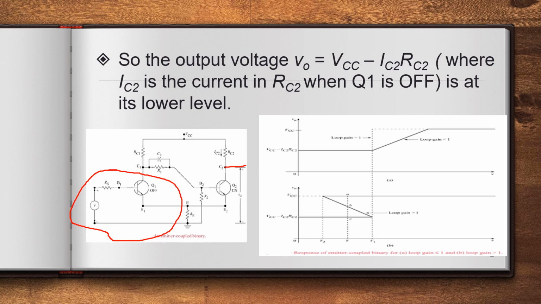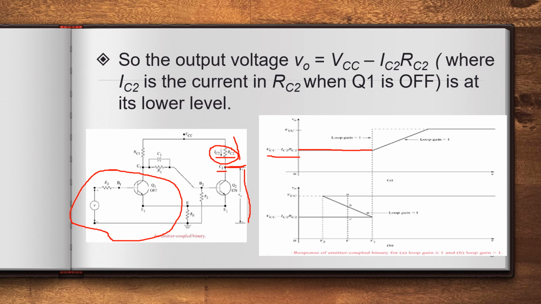Now if we apply KVL in the output loop, VCC minus IC2 RC2 is equivalent to VC2, which is our output voltage. So output voltage is equivalent to VCC minus IC2 RC2. If you subtract this drop from VCC, the remaining voltage is our output.